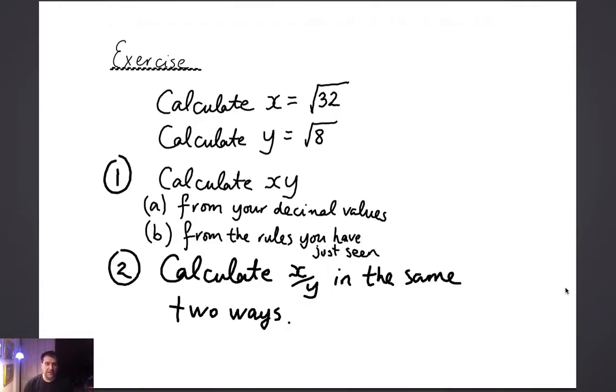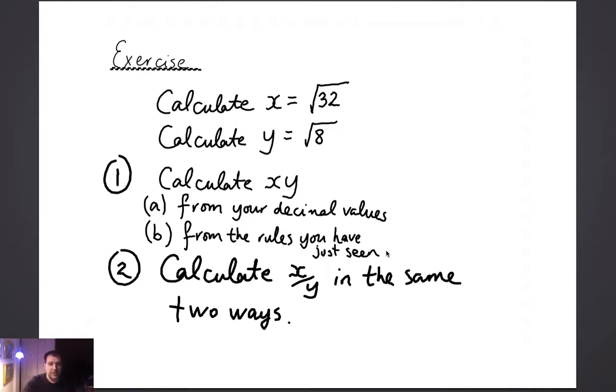So there's an exercise here. Calculate the square root of 32, which I'm calling x, and the square root of 8, which I'm calling y, and then calculate xy, so x times y. And I want you to do it two ways. So do it from the decimal values, calculating the decimal value of root 32 on your calculator, and then the decimal value of root 8 on your calculator, and multiplying those two things together.